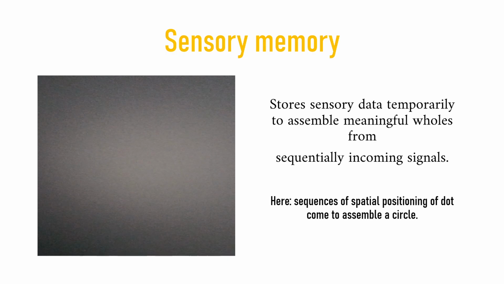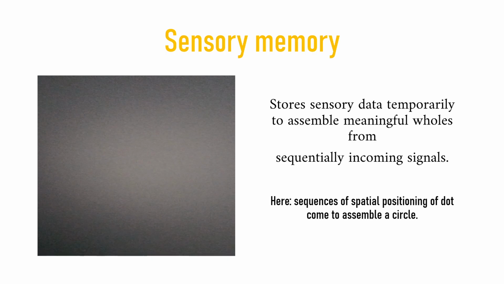If I had been moving the laser pointer even faster, you would be seeing the circle even more clearly and not intermittently. Well, the fact is that at each moment you only see the dot occupying one particular point along the circumference of the circle.